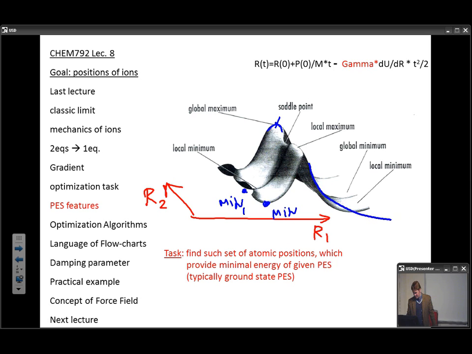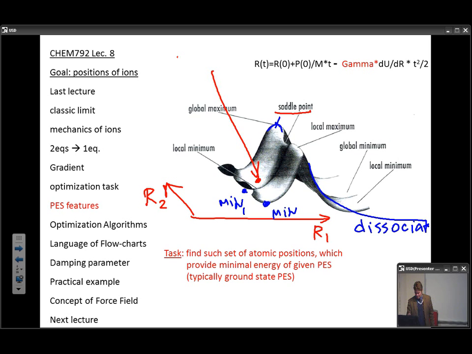Also, it is not shown here, there could be a dissociative part of the potential. And also there is a typical feature one can see in reactions between reactant and product. There is a typical barrier that comes through a saddle point.